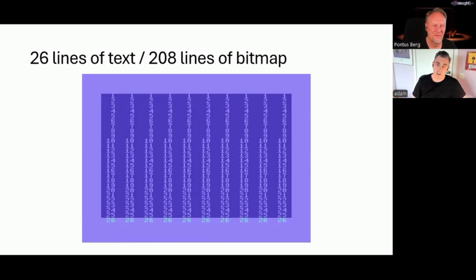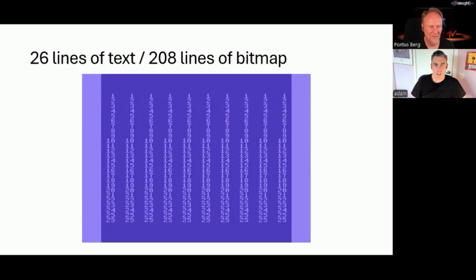And what's happening here, if you click to the next picture, is this. We're opening the borders up and down, and we're pushing the screen so it starts all the way at the top. And then we do this little trick at the bottom, which is we can repeat a character line without triggering a bad line.